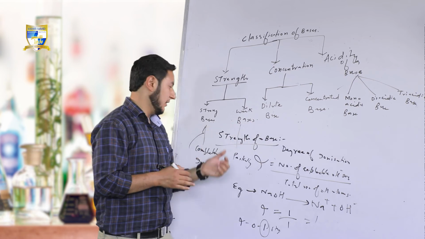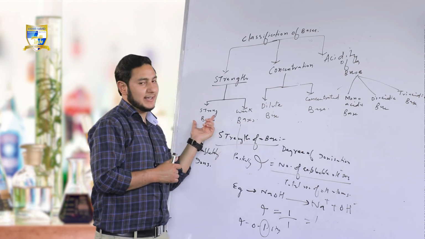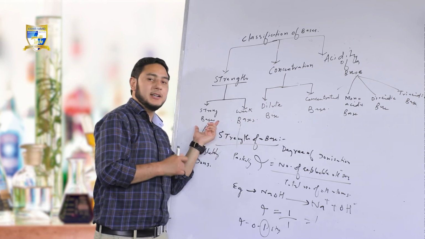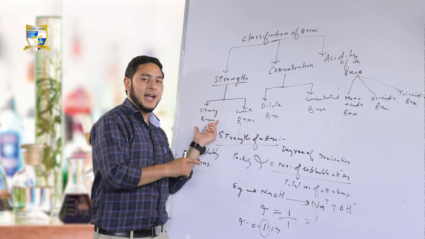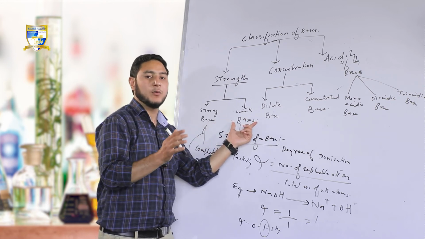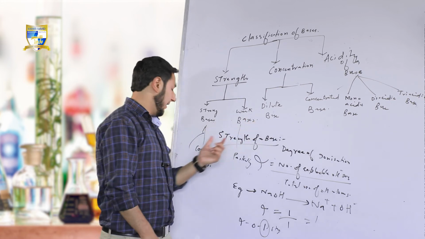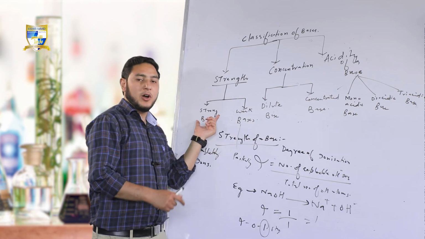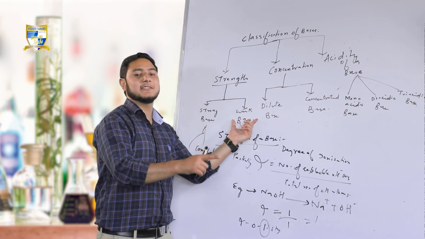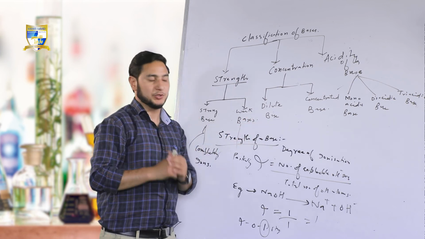I am repeating again. Strong base ionizes completely, weak base ionizes partially. Strong base has a high degree of dissociation, numerically equal to 1. Weak base has a low degree of dissociation, numerically between 0 and 0.75. A strong base produces only ions in the aqueous solution; a weak base produces ions as well as molecules in the aqueous solution.